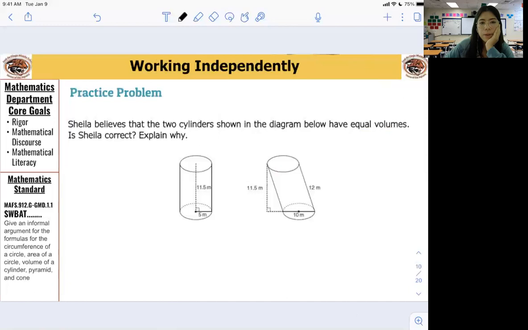So what do we think? Will these two have the same volume or not? Jalen says no. Janelle says maybe yes. Okay, so I have a no and I have a yes. Tyrone says yes.